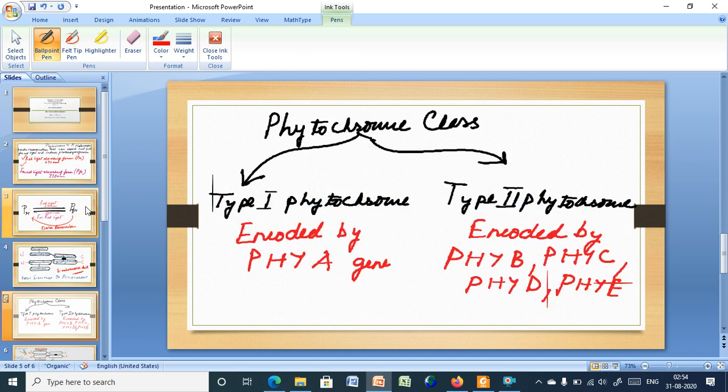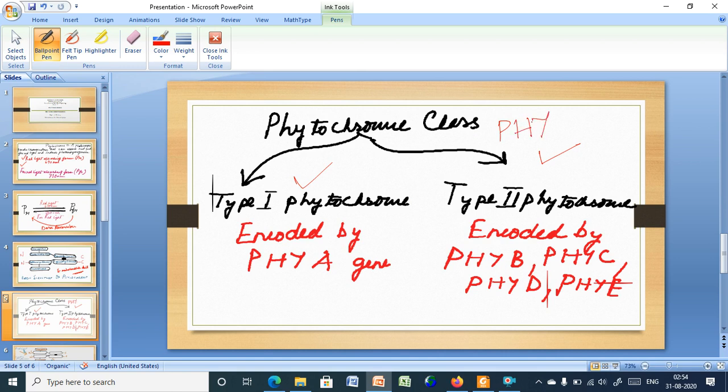Now, if we consider the phytochrome classes, these are of two types: type 1 phytochrome and type 2 phytochrome. And basically, all types of phytochrome are encoded by the PHY class of genes.